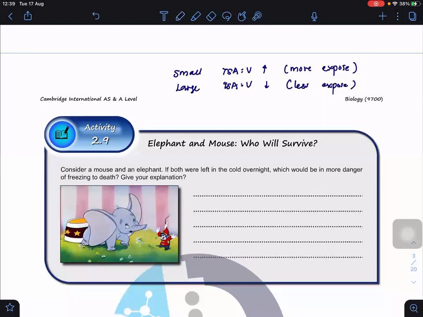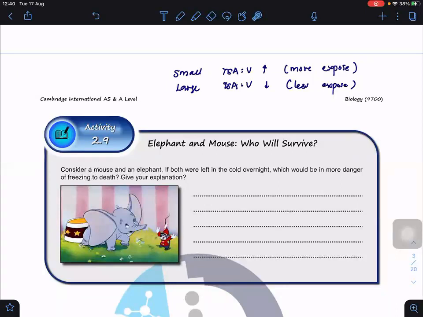In this context, the mouse will in general have a high surface area to volume ratio compared to the elephant. So they are more exposed to the environment compared to the elephant. So who is going to lose more heat energy if you freeze them? Both of them will die eventually, but who will be first and in more danger of freezing to death?